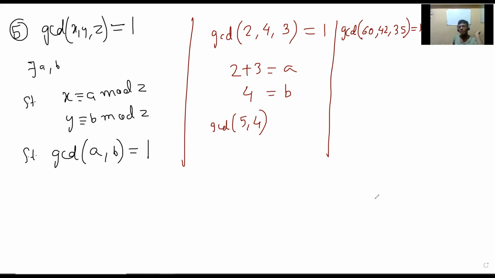Now, if you just try to shift the A or the B by a multiple of C so that they become coprime, you have to offset. So this is the X and this is the Y. How can you offset the X or the Y so that they become coprime? Offset by a multiple of 35.